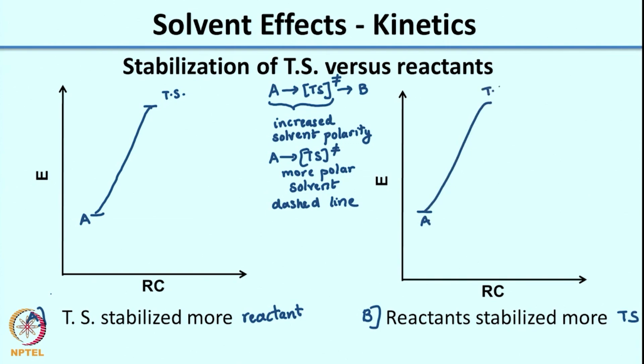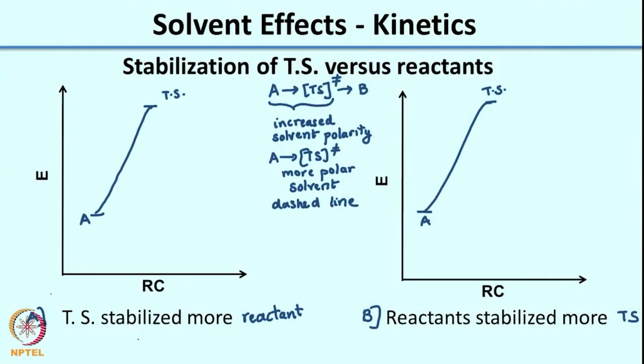This is hypothetical, if it were the same reaction it would behave identically, I am just keeping it simple. So, in one case, let us say the transition state is stabilized more than the reactant.